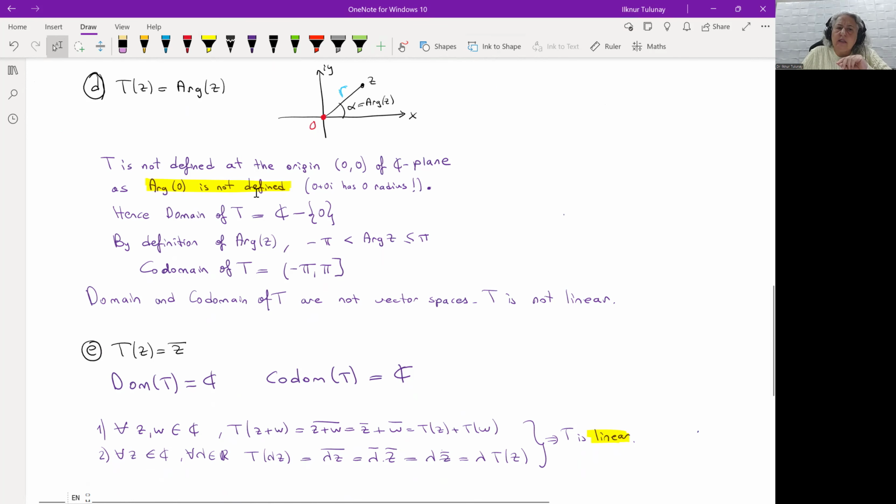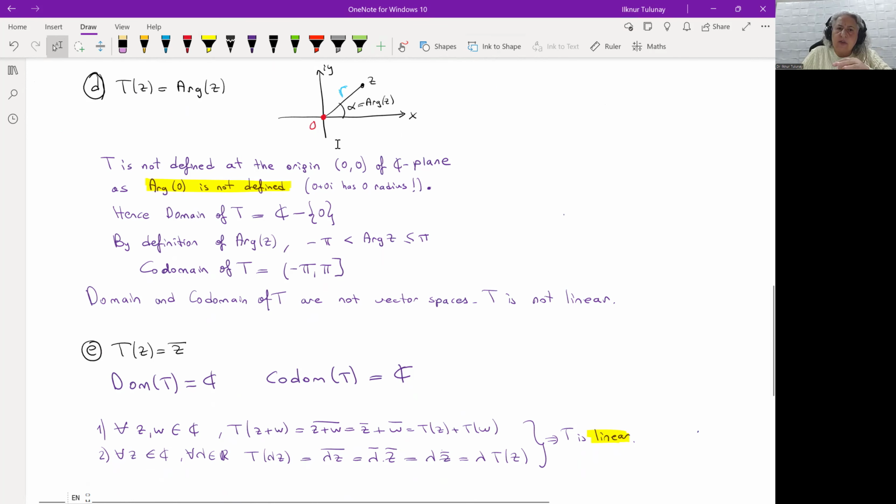The argument of 0 is not defined, so I don't want to go into too much detail, but we can express every z in a different way. The argument means that this angle is defined.